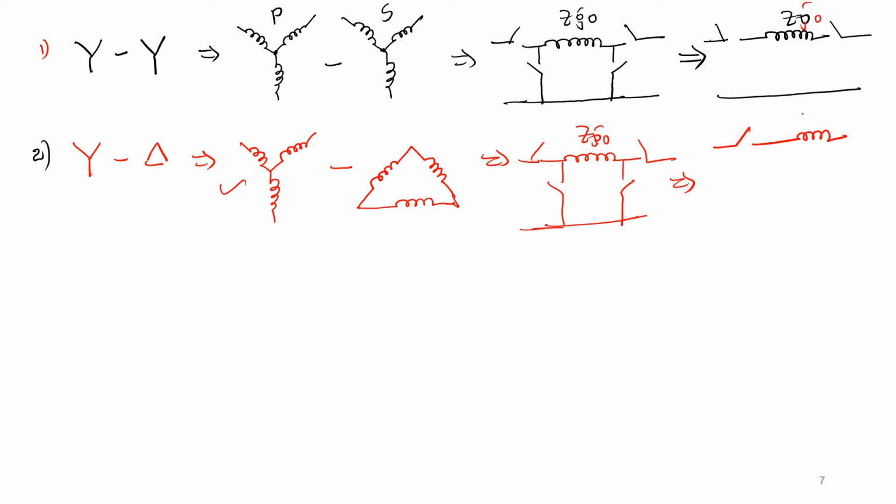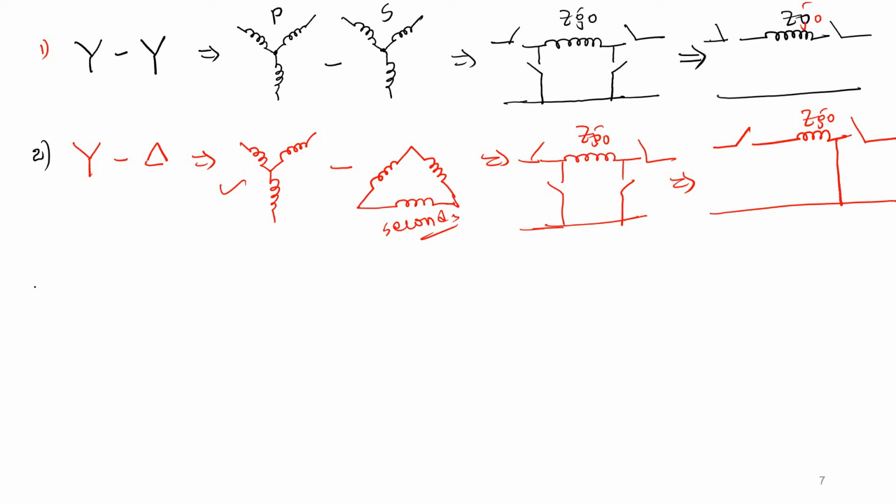On this side also the series switch will be open. On the secondary side we have a delta connection, so the secondary side shunt switch will be closed. That's it. This is the zero sequence network of the star-delta connection.